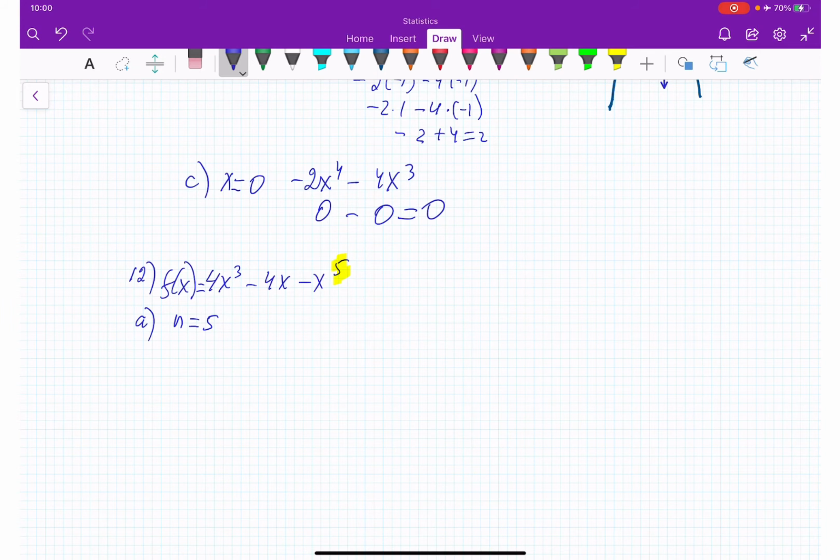How much is my a? Negative 1, right? So this is 5, and this one is negative 1. Here we have negative 1. Okay, let's show end behavior. It's negative, and n is odd, which means it's going to go like this. Okay, end behavior.